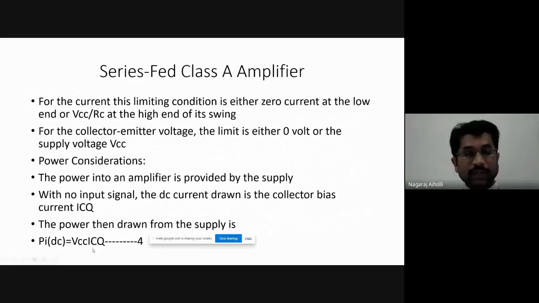And the collector current at the operating point is ICQ. The product of these two will give the DC power.